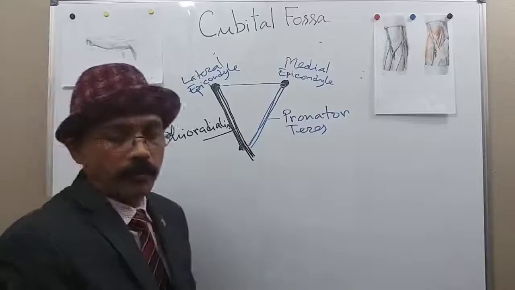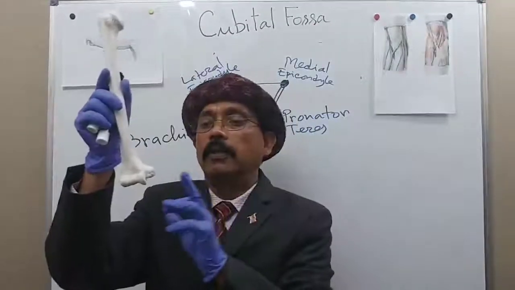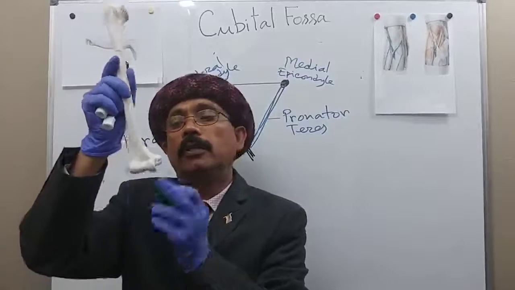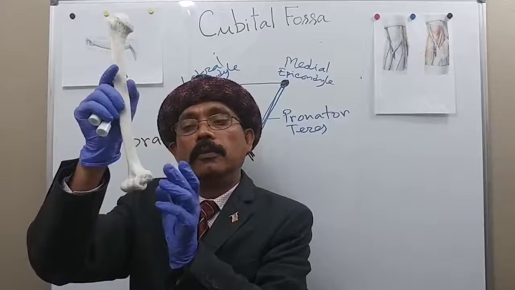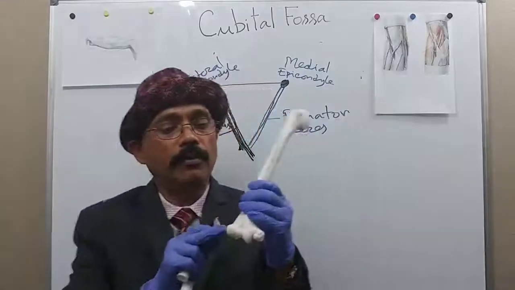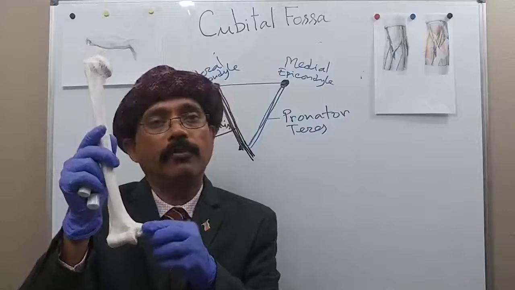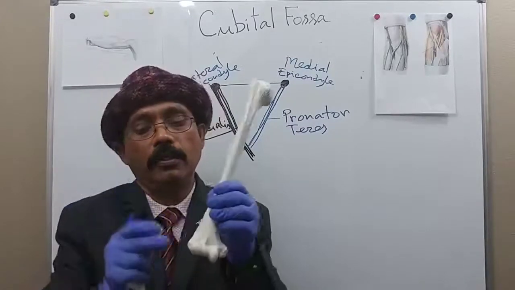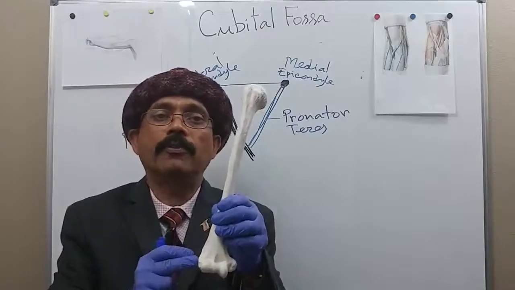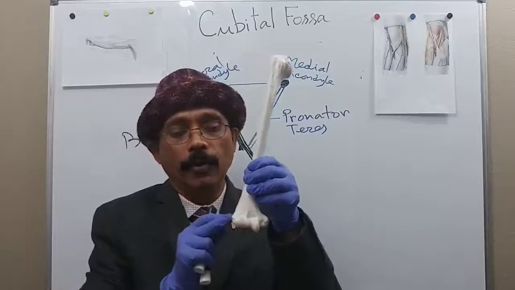Okay, so if this is the humerus, this is the medial epicondyle, this is the lateral epicondyle. So the brachioradialis comes out of the lateral epicondyle. The pronator teres is a flexor muscle. It should come out of the medial epicondyle. Brachioradialis is an extensor muscle coming out of the lateral epicondyle of the humerus.